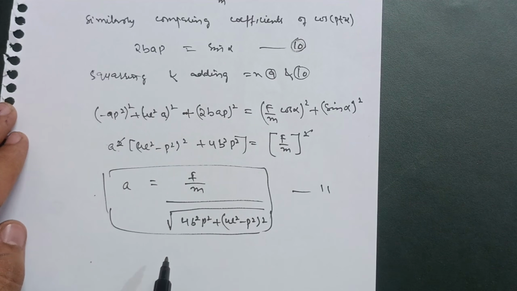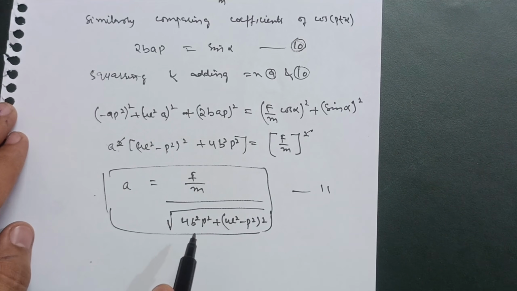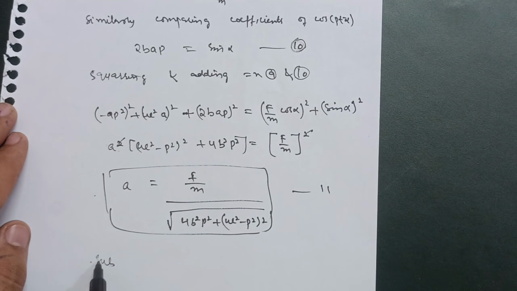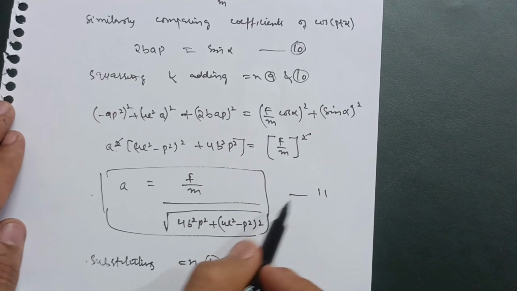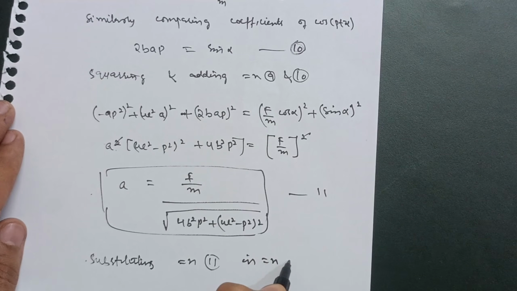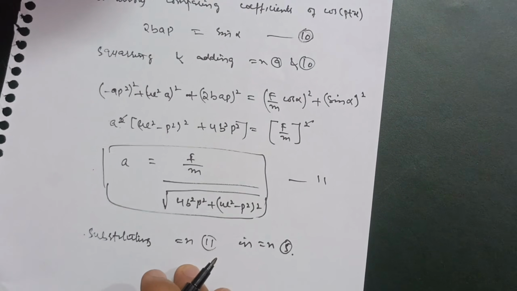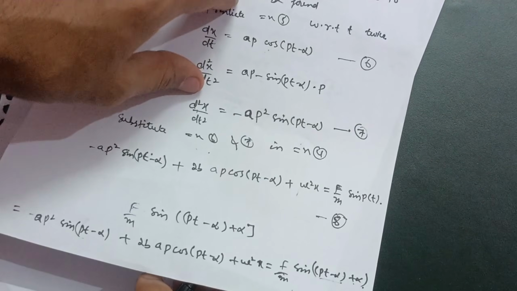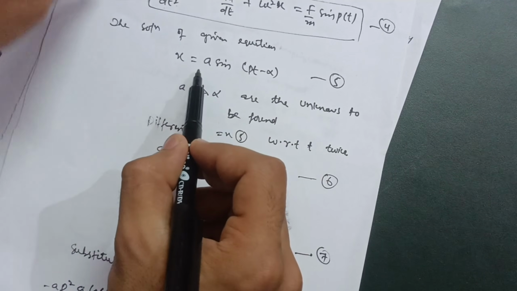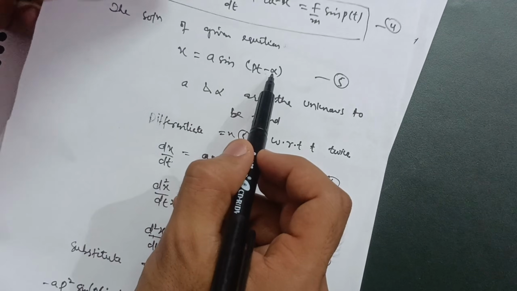Okay, so if you have to calculate displacement now, I can write here, substituting equation 11th. This 11th I have to put in equation 5th probably. Let me check it first. So this is the 5th equation. Yes, exactly. So this is the 5th equation, dear friends, that is x is equal to a sine of pt minus alpha.